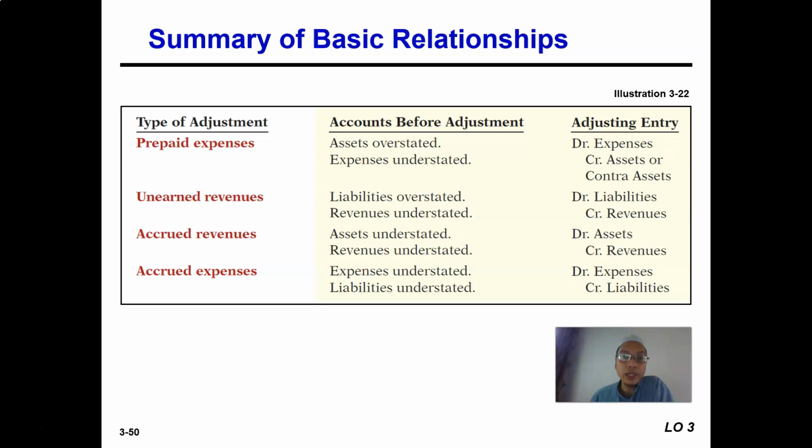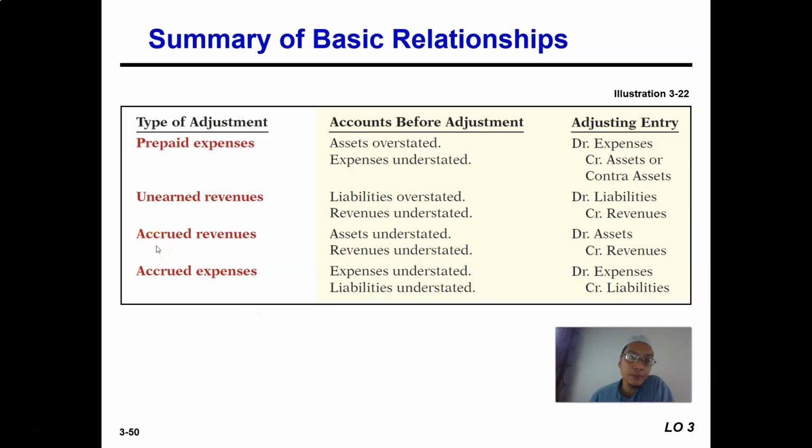After we have conducted some of the revenue, but we have not done the adjustment, our liabilities will be overstated and our revenues will be understated. In order to do the adjustment, we need to debit our liability and we need to credit our revenues in order to adjust for the revenue that we have actually done.